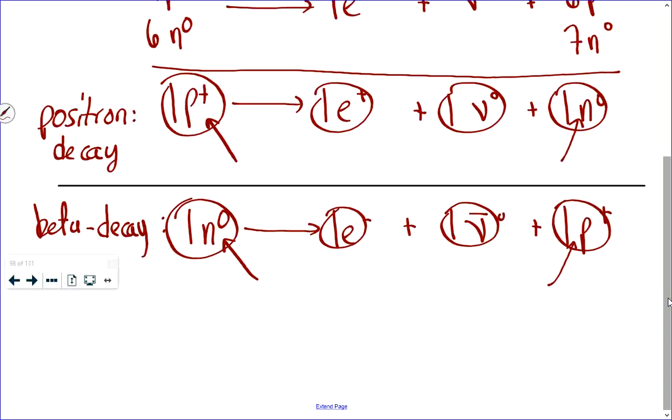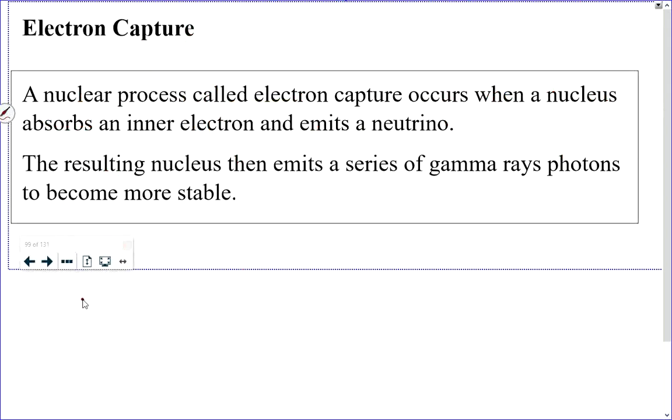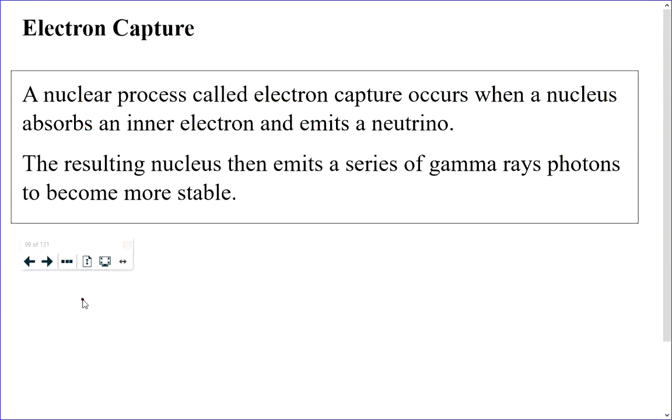All right, we have one more thing we're going to cover. And I hate that Alberta Ed does this, but there is nothing in the program of studies, which is what students are required to be taught, what I have to teach you. There is nothing about electron capture, other than to say students should be familiar with other nuclear processes such as electron capture, etc. And for the longest time, the diploma exam said, we're not going to expect students to know the details of electron capture.